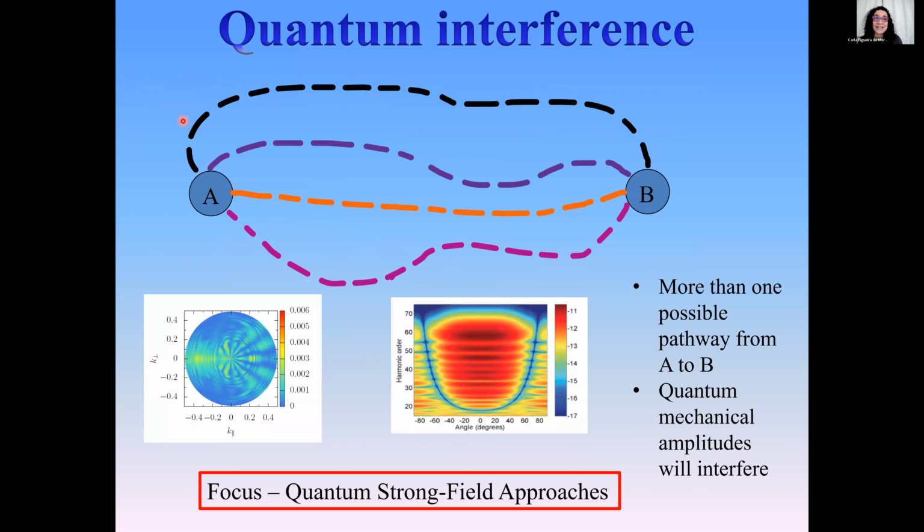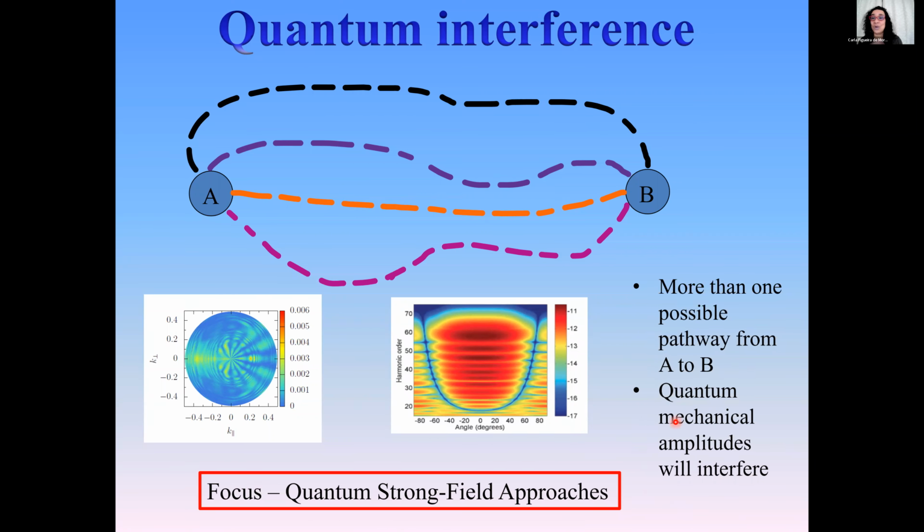And one thing that is really, really important is quantum interference, because when you're measuring things and when there are in principle several pathways that this driven electron can take to reach the detector with the same energy, or for it to emit light with a certain energy, then these things are going to interfere quantum mechanically.